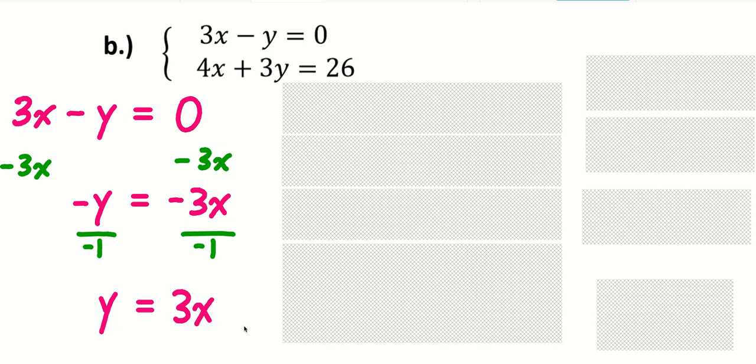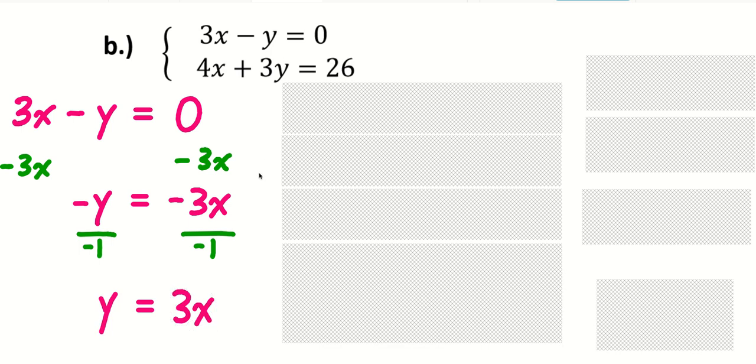Well, here's something you should keep in mind. This came from this equation. Don't ever plug this back into the equation it came from. You've got to plug it into the other equation. So now we know that y is basically the same, or is the same value-wise, as 3x.